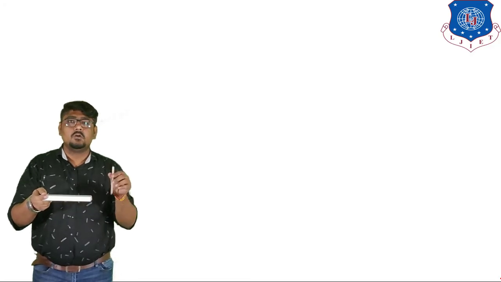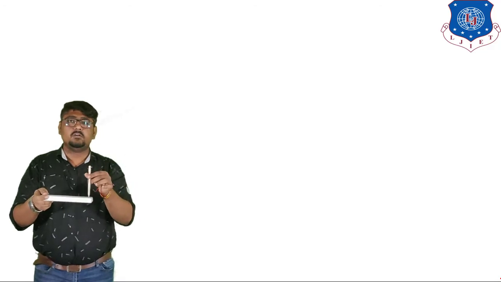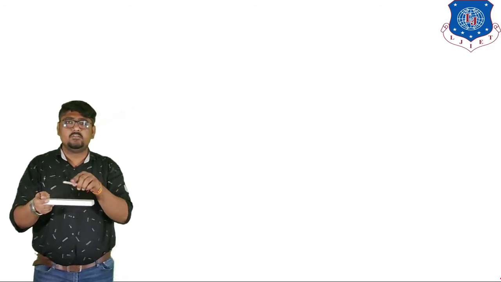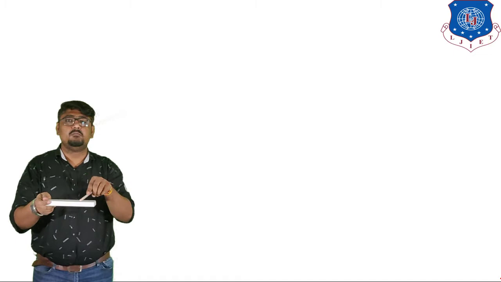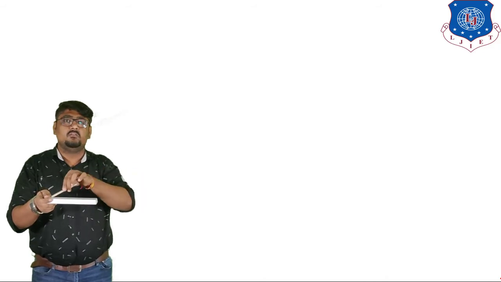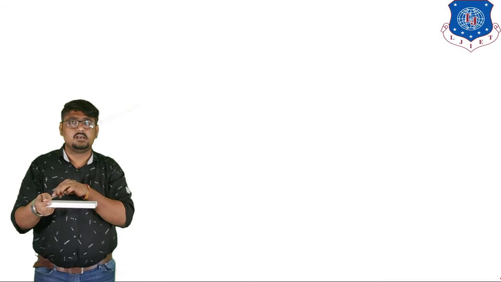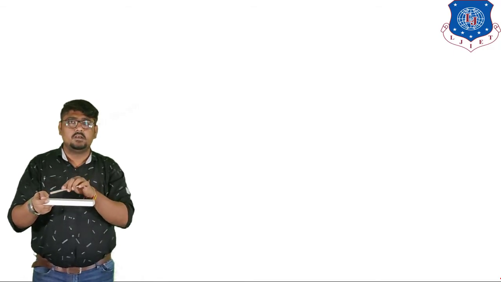Now, for the case of a uniformly distributed load, this 1 kilonewton load is distributed uniformly over this entire beam, on this upper surface, like this. If the whole load is distributed over the entire length of the beam, such a kind of load is known as a uniformly distributed load.